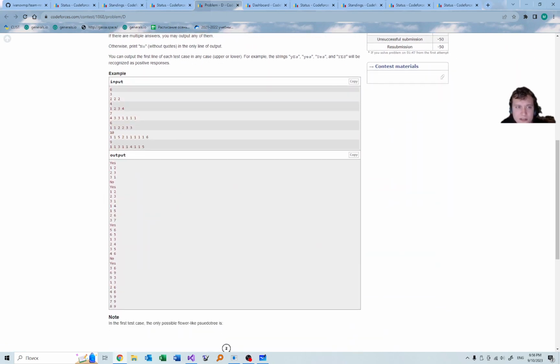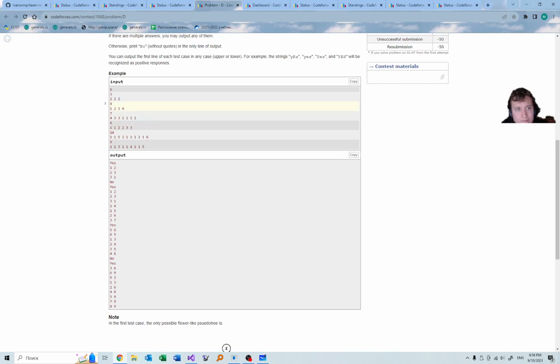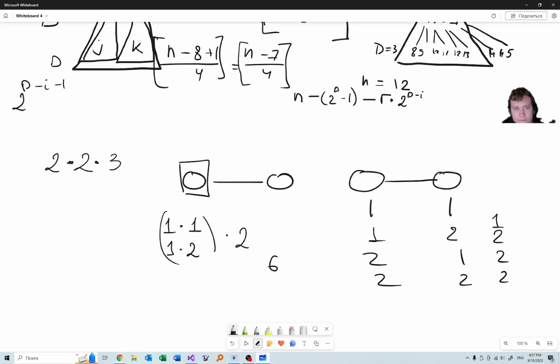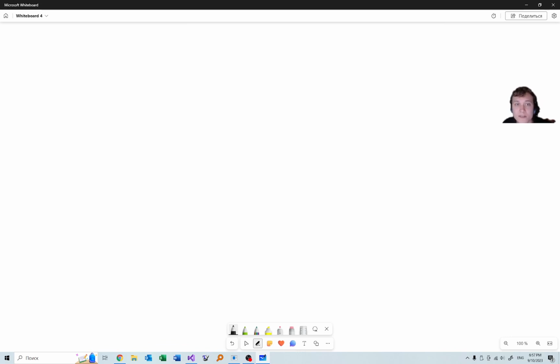I think it shouldn't be that bad. For example, why is it no? Okay, for example, the second one: 1, 2, 3, 4. Actually, what I want to do is always make a pair of multiple edges and then do something.